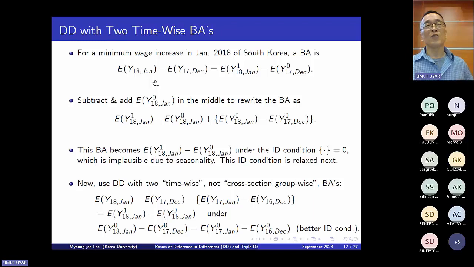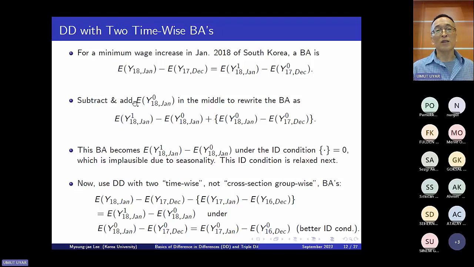Suppose you simply look at the January 2018 price level and December, 1 month before, December 2017 price level. Then this Y is treated and this is untreated. So this is the BA, a 1 month gap between these two.